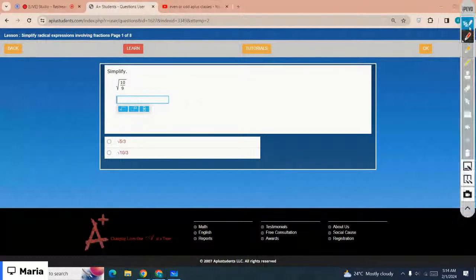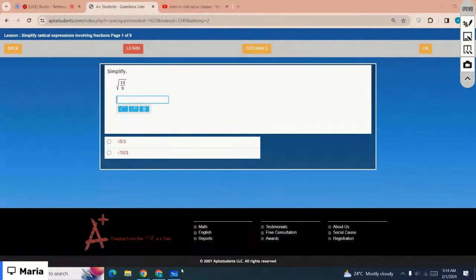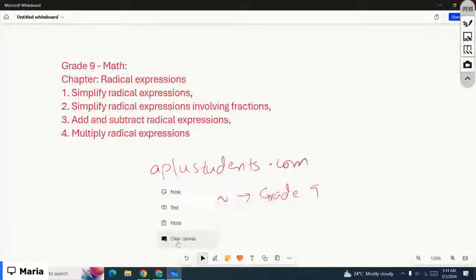So you can write it as square root 10 over 9, right? So this is equal to square root 10 divided by square root 9. That means the radical is for both numerator and denominator, right?